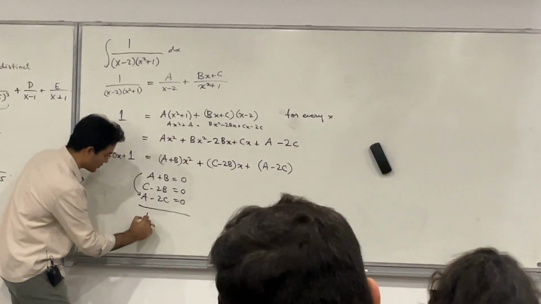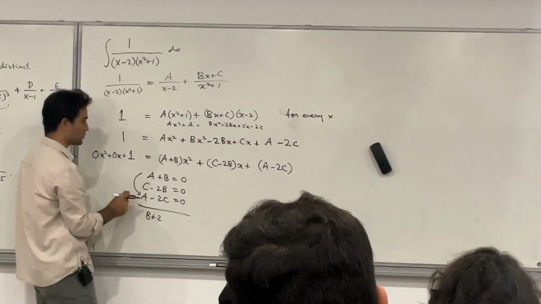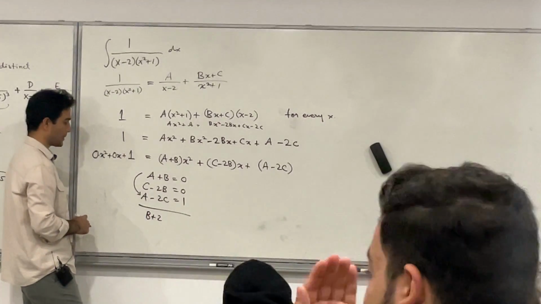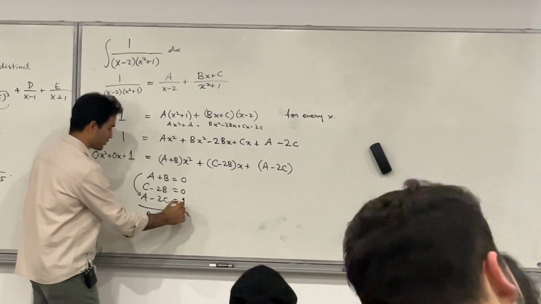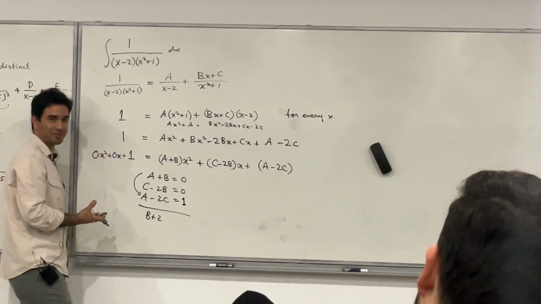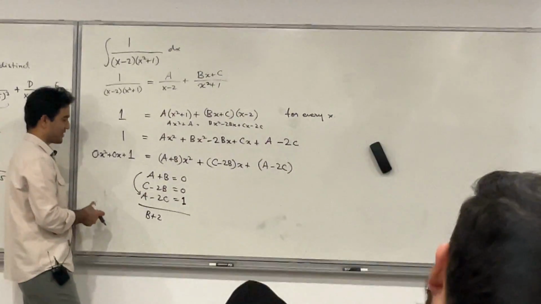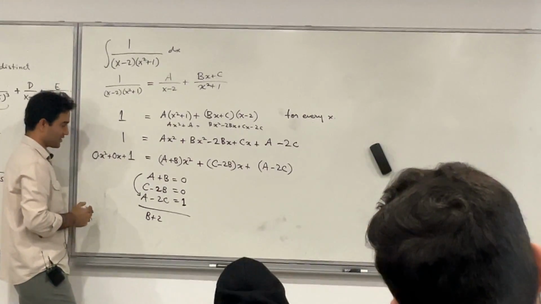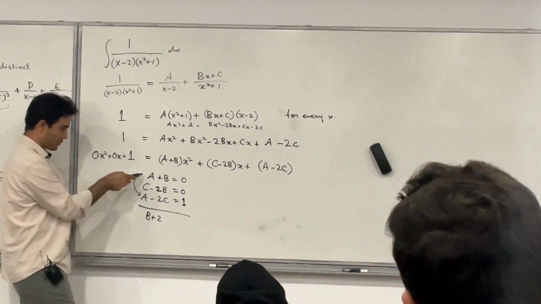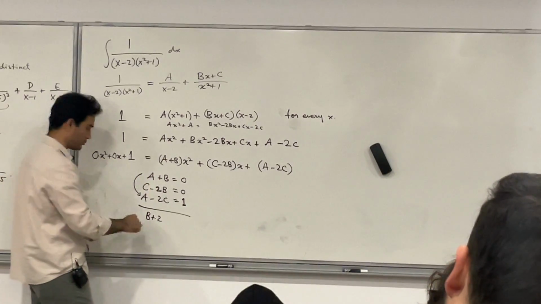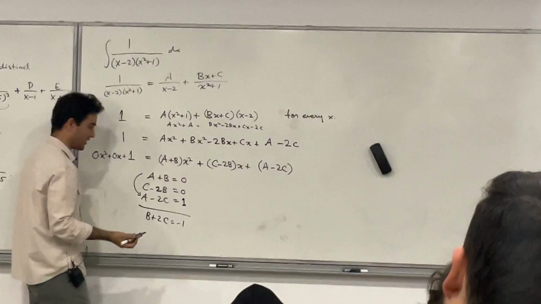That thing minus this. So b plus, sorry, this is 1. I just did what I told you not to do, because it's easy to do this. So you subtract this one from that one. So plus 2c is going to be minus 1 then.